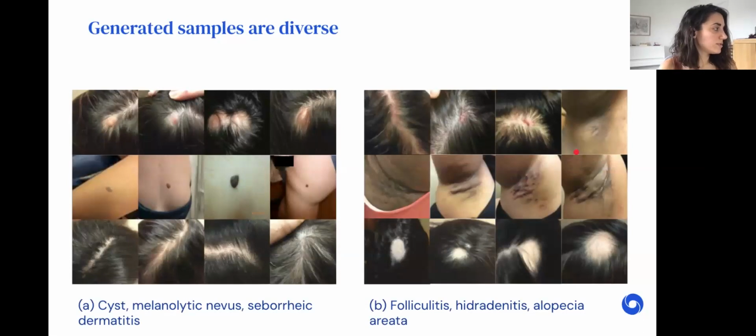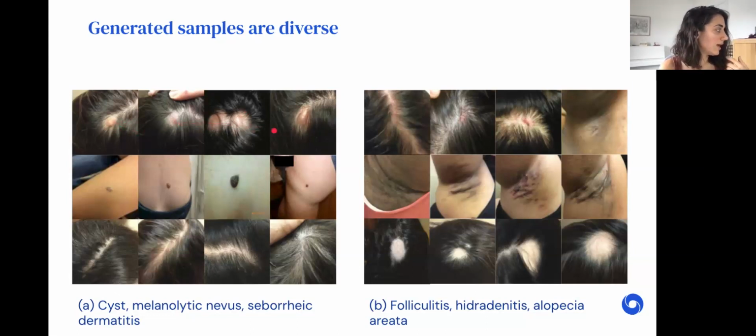So this is just one demonstration of how diverse images are for a single condition, that we're not just obtaining images that look exactly the same by sampling again and again from the model. And this is for a set of 6 conditions. We have 4 samples per condition.